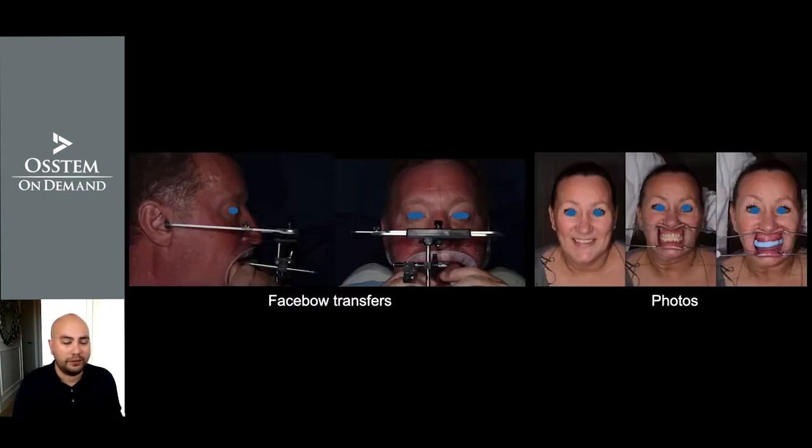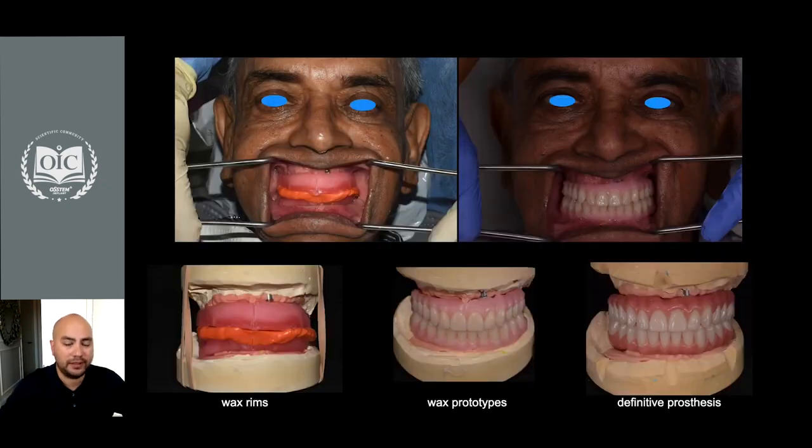So we have facebow transfers or pictures that allow us to capture information for the face, and this is very important for aesthetic purpose and function. Also, the photos are a communication tool between us, the patient, and the technician, at a different stage of the final restoration.